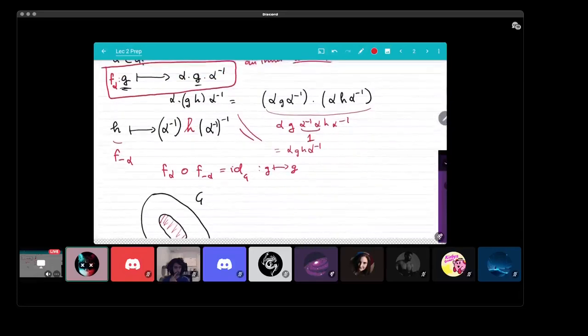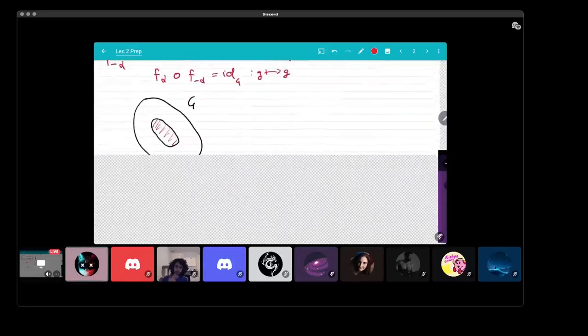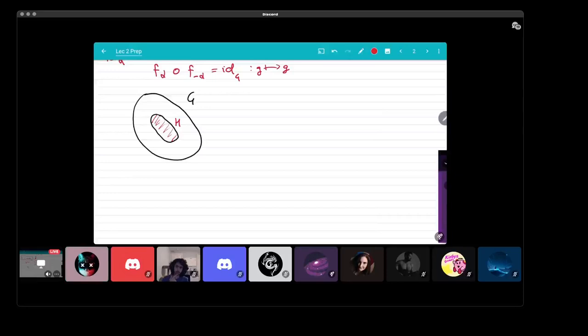We can see that this property is in some way related to normality, because of this weird operation.